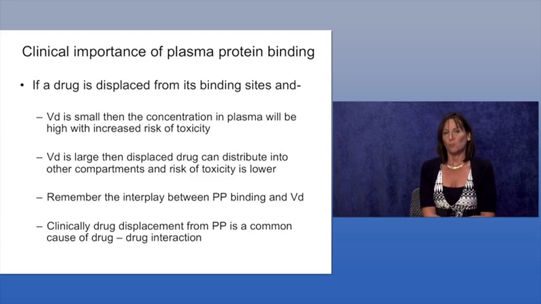If the volume of distribution is large, then the displaced drug can distribute into other compartments without any real concern of toxicity. It's important to understand the interplay between plasma protein binding and how volume of distribution might be altered.